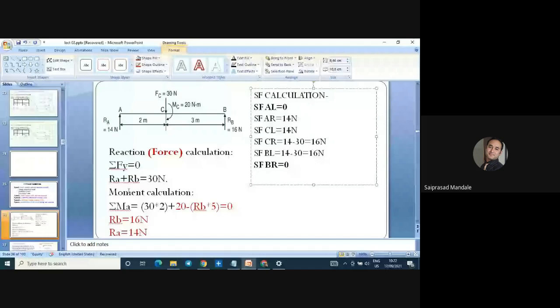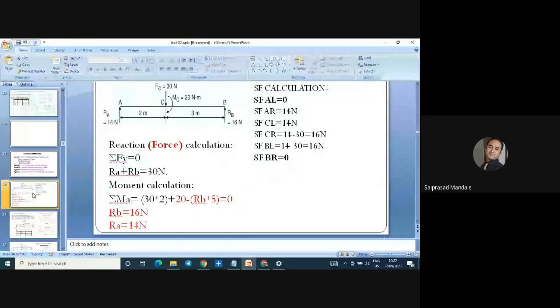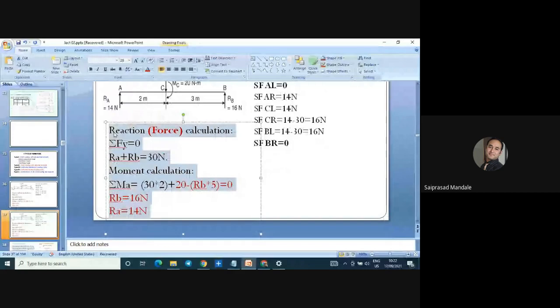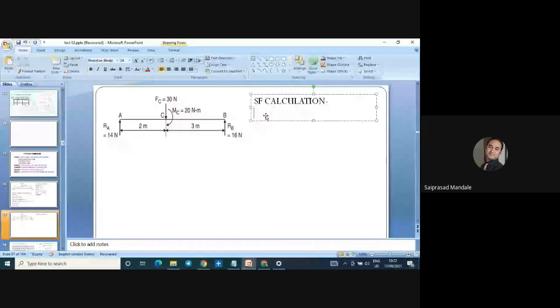Now I am moving towards the next point, and that is the moment calculation.